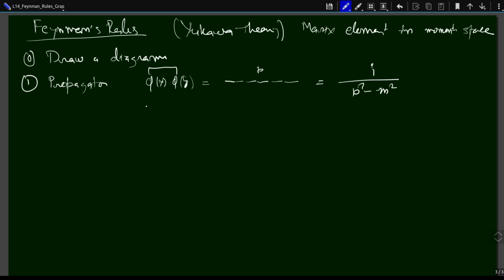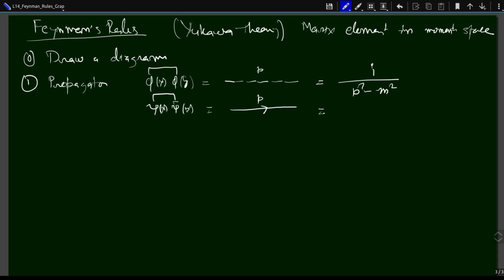Now when you have the fermion contraction, psi of x, psi bar of y, you draw it by a solid line with an arrow, and the arrow is the direction of momentum.